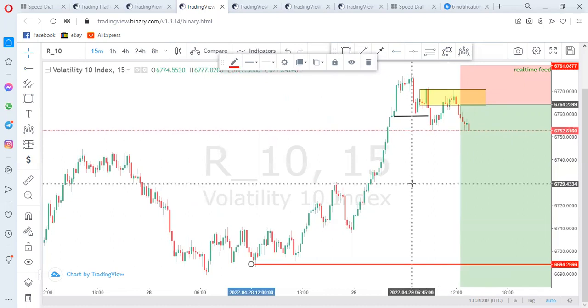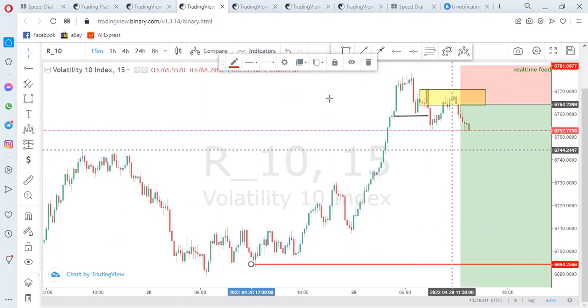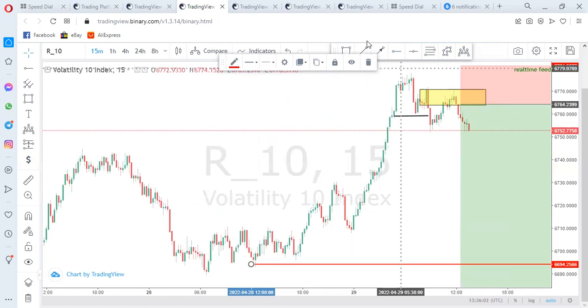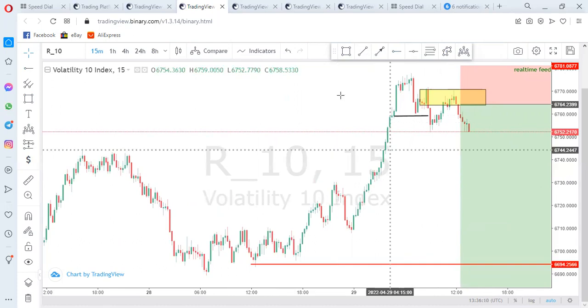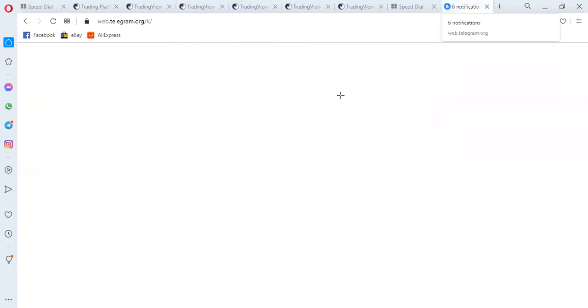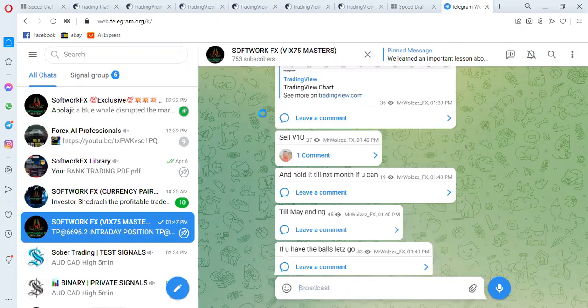I actually dropped 3 TPs. I dropped several TPs on the Telegram channel, so let me show you. I just hope the network will permit me to show you this at the moment. Now look at it.